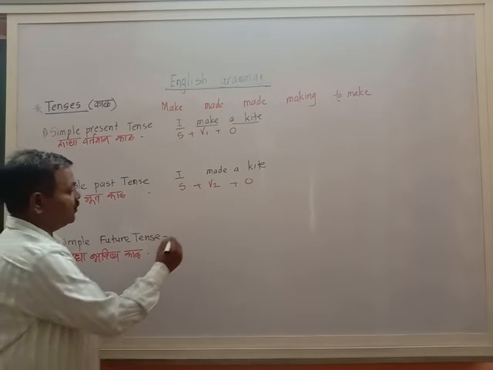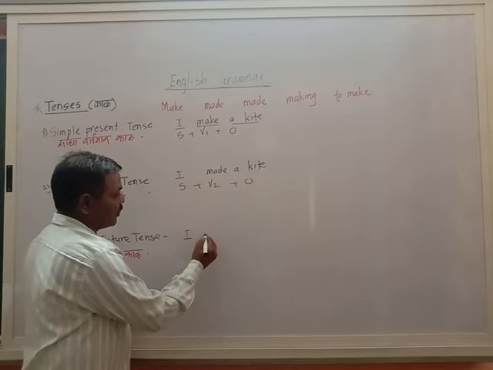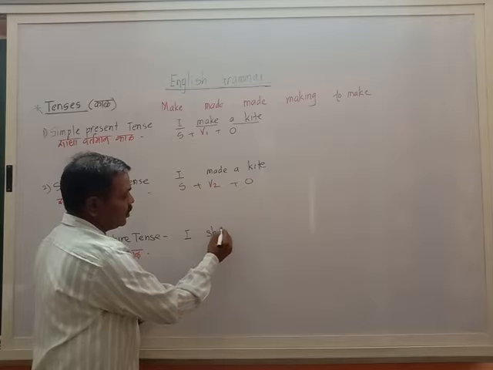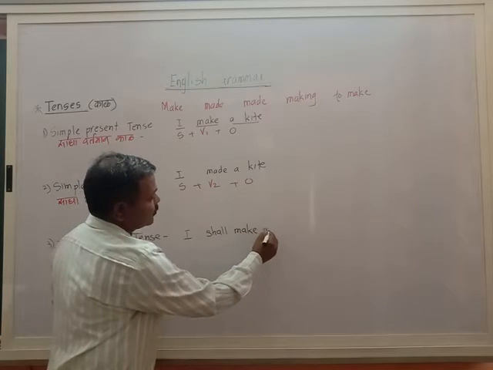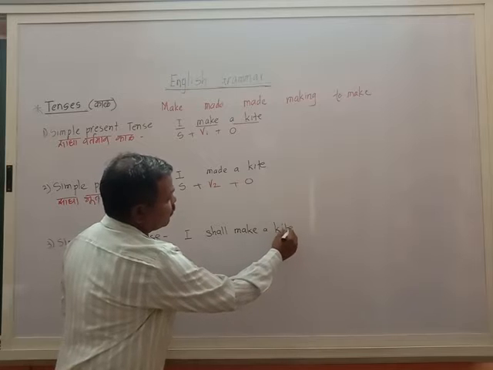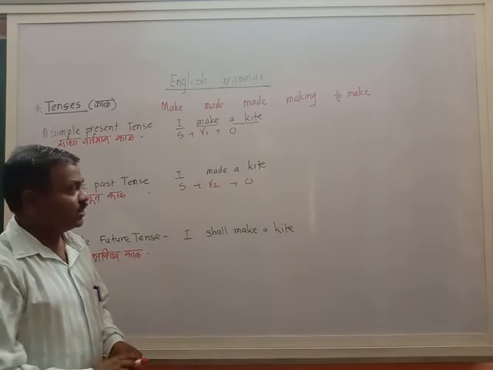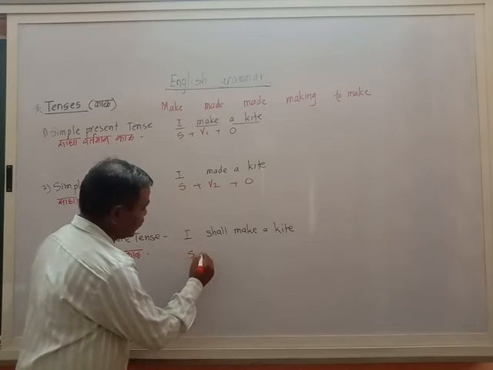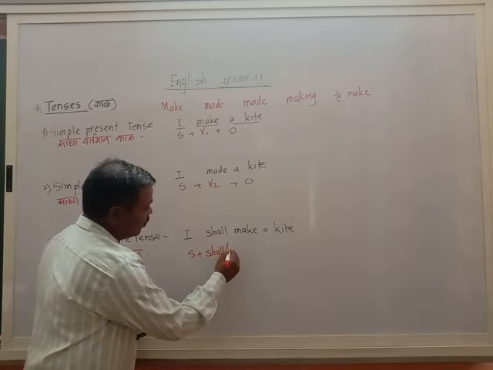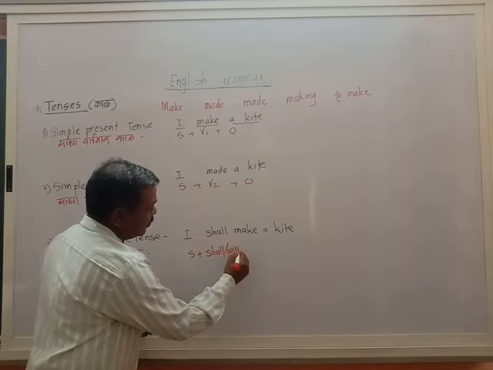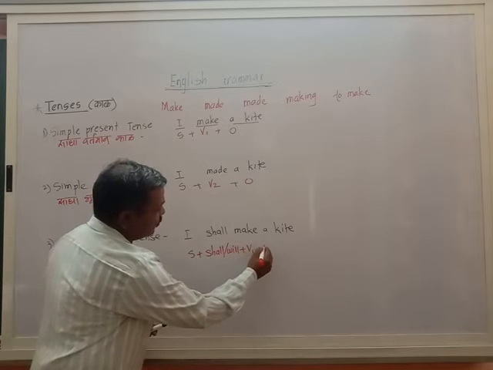You can see here, I shall make a kite. What are the changes in the structure? See, subject plus shall or will plus V1 plus object.